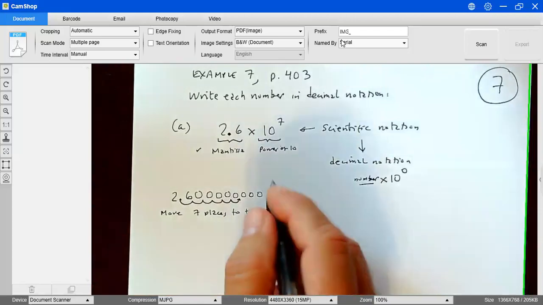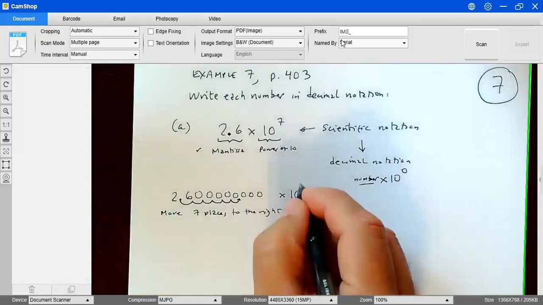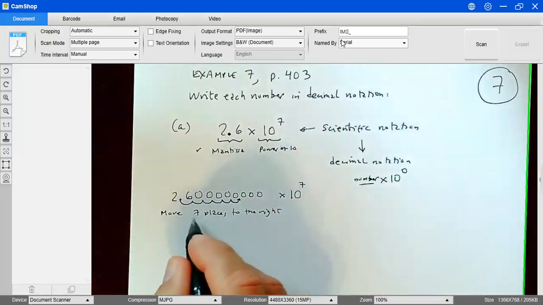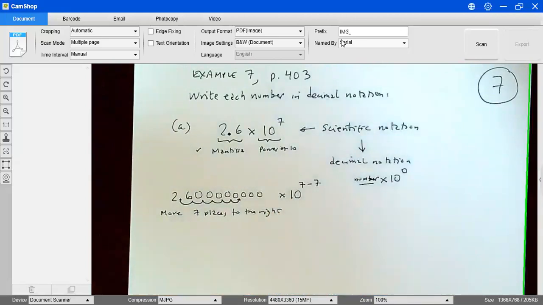That is going to have an effect on the exponent of the power of 10. If I move 7 places to the right, I need to subtract 7. That's the rule that we wrote on the previous page.